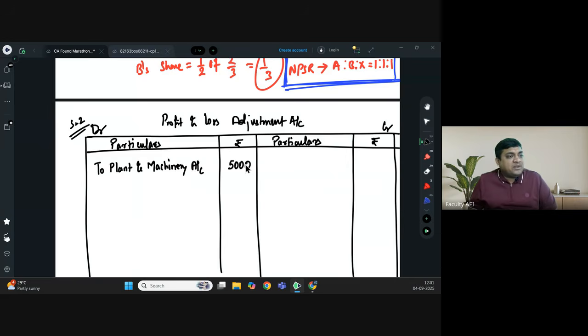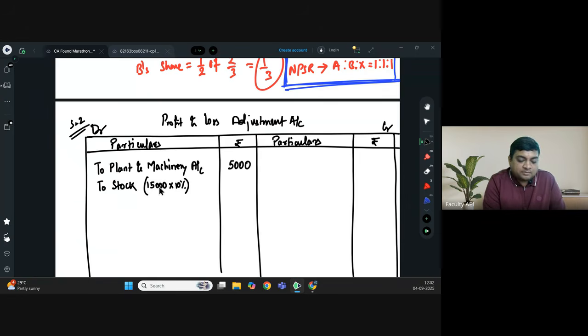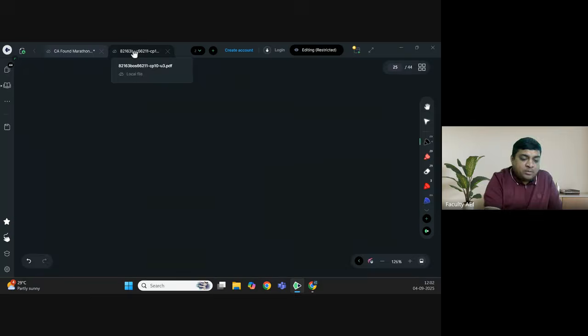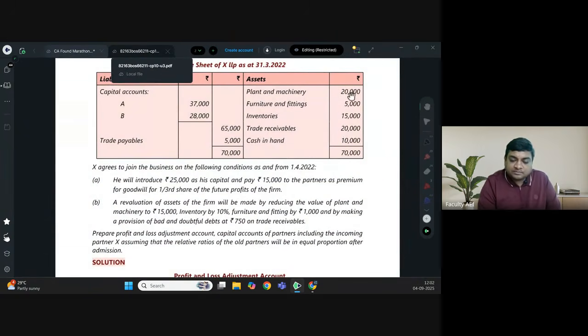From 20 it will come down to 15. Plant and machinery from 20 will reduce to 15, so 5,000 is the fall.